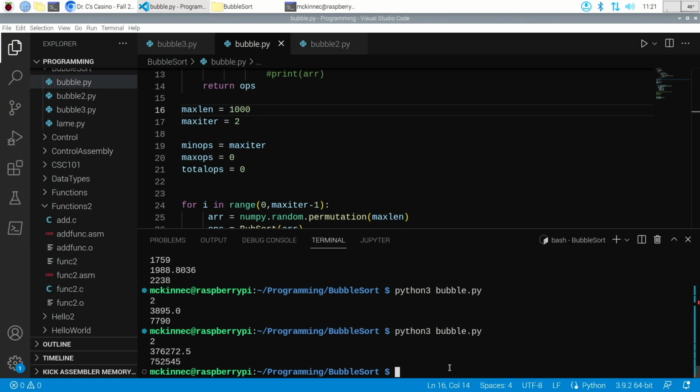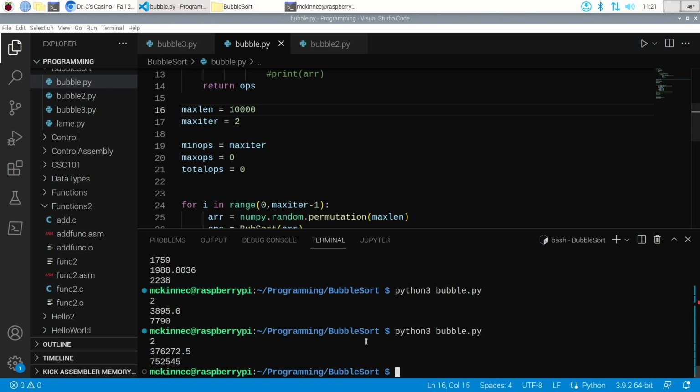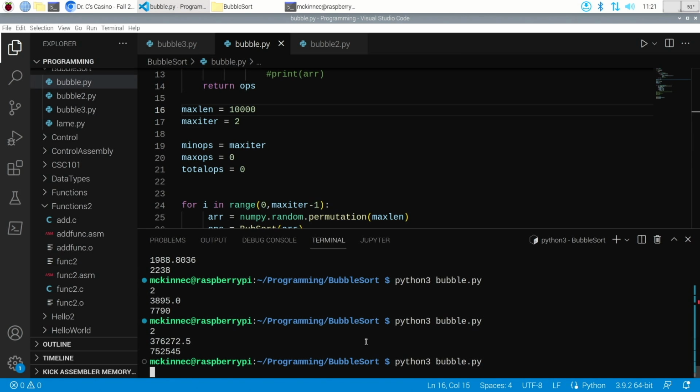That's really, really horrible, because what would happen if I did another factor of 10? All right, start playing the Jeopardy music. What should we expect to see here? Another factor of 100. Now you might say, why would you ever want to sort 10,000 things?